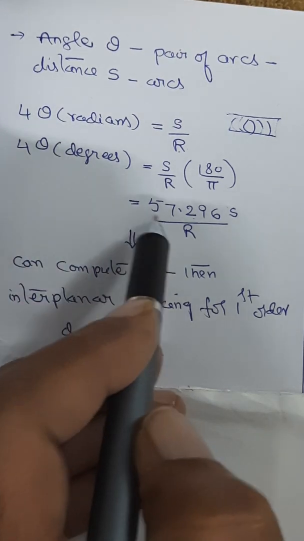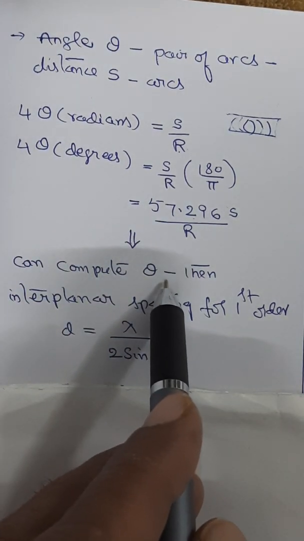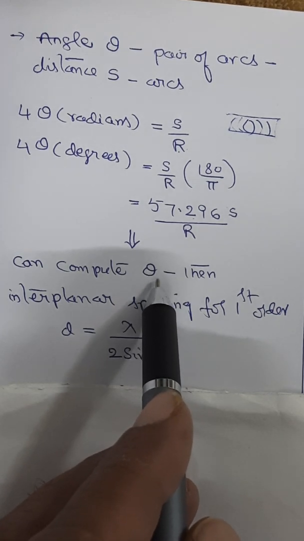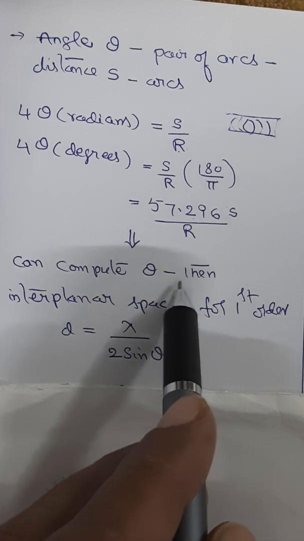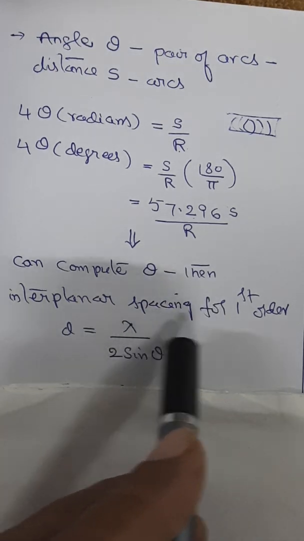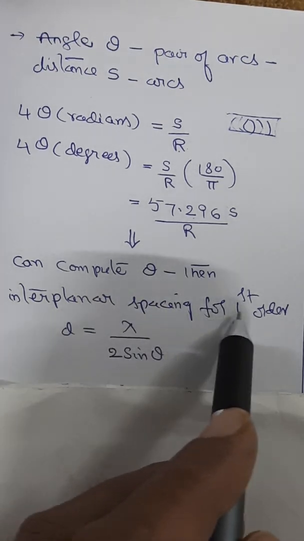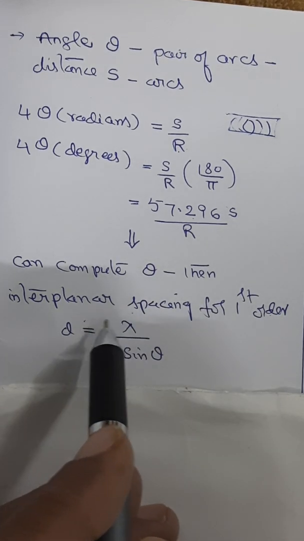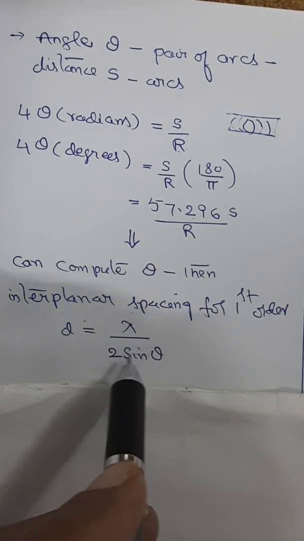From this expression, theta can be calculated. Once theta is calculated, then we can calculate the interplanar spacing for n equal to 1, that is the first order. The d value is equal to lambda by 2 sin theta.